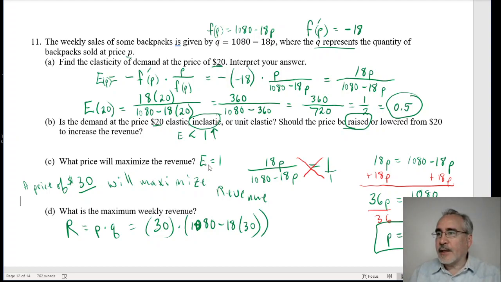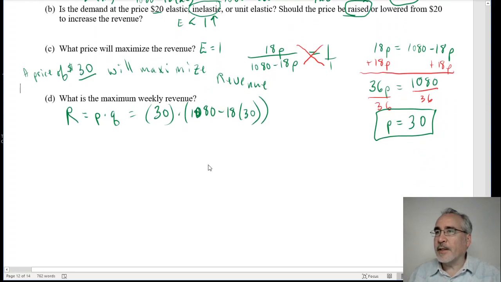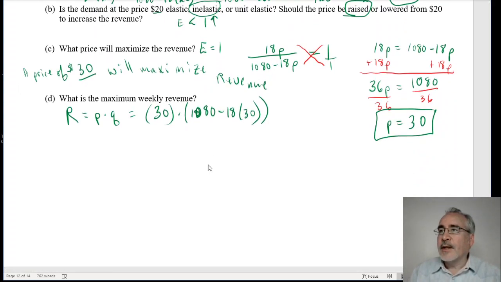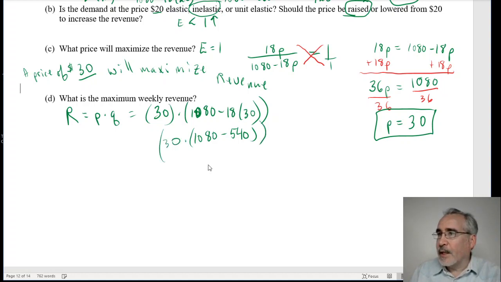Okay, so let's go up a little bit. Let's do this part first. So this is 1080 minus 18 times 30. 18 times 3: 8 times 3 is 24, carry the 2, 3 times 1 is 3 plus 2, that's 54, so 540. 1080 minus 540 happens to be 540.